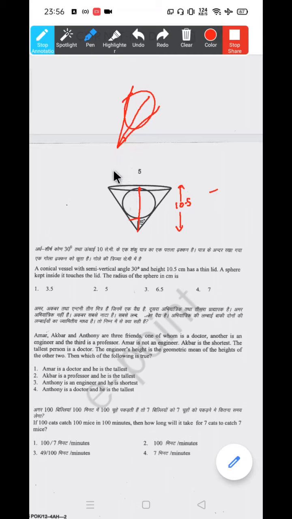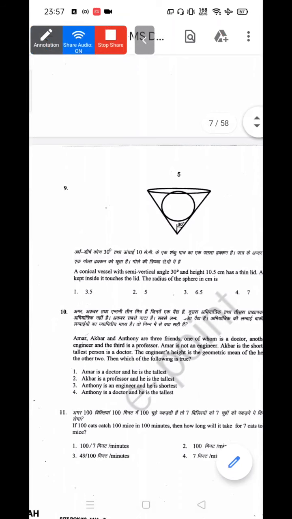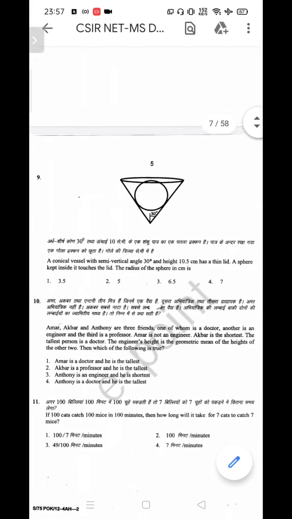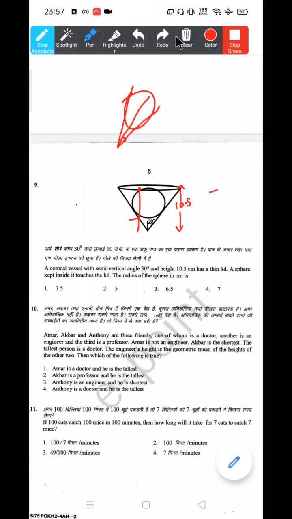This is the slant height of that sphere. Let us see by option.